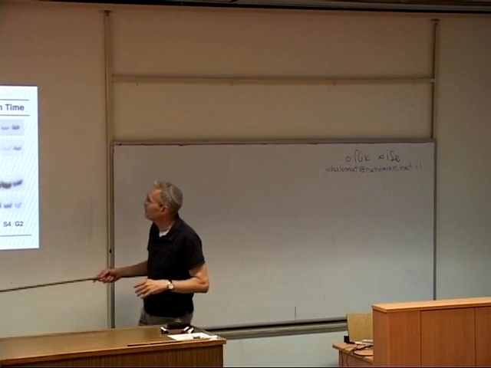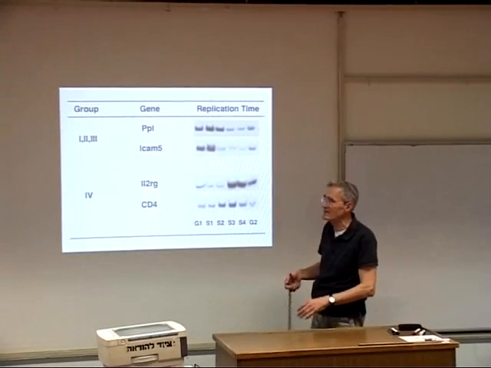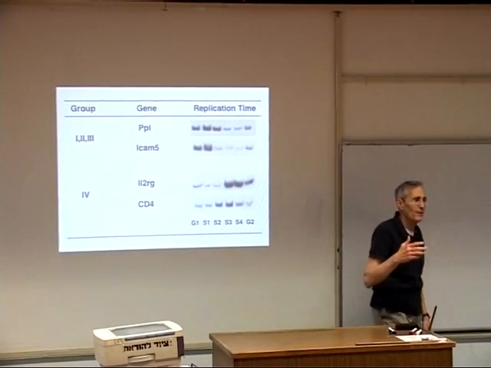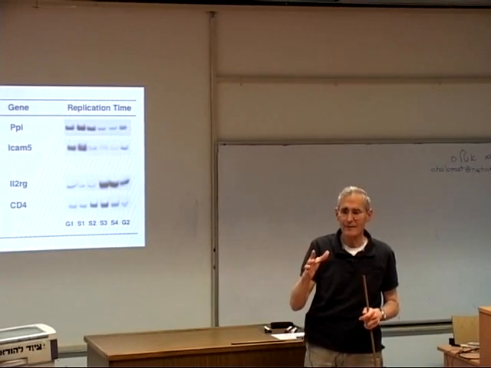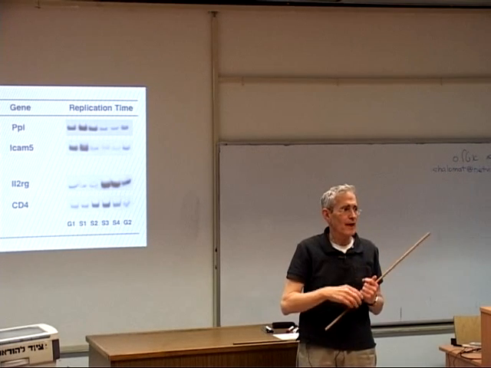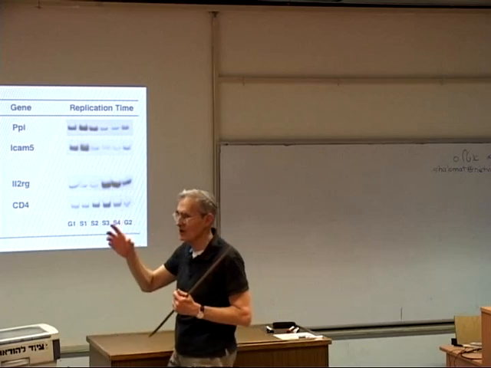So what you do here is you take cells, you label them with BrdU for an hour. Okay? So now the label has gone in all sorts of places in the genome.